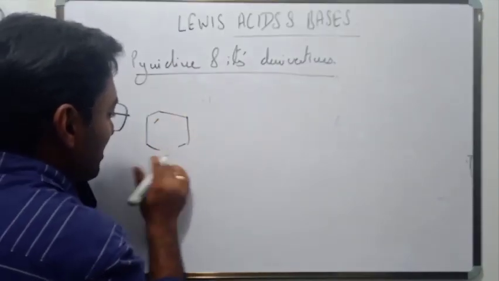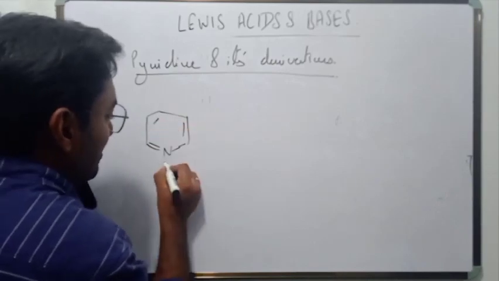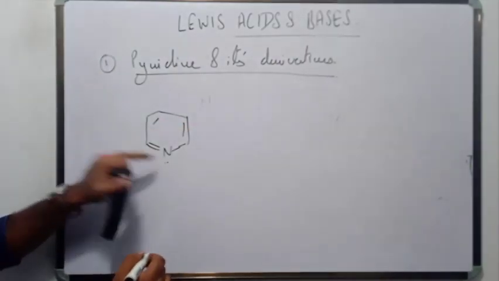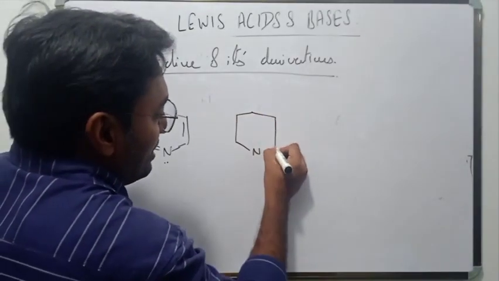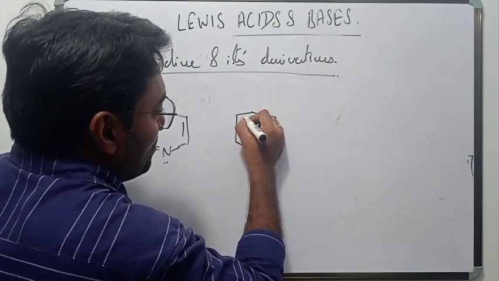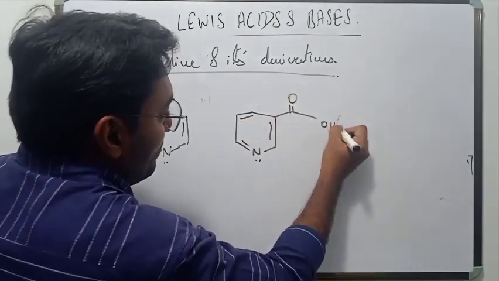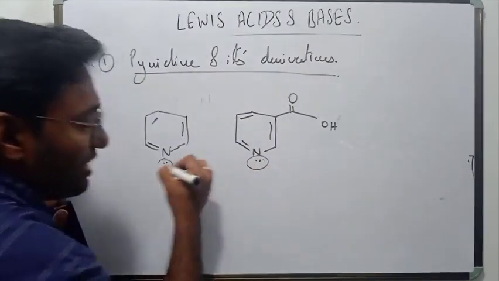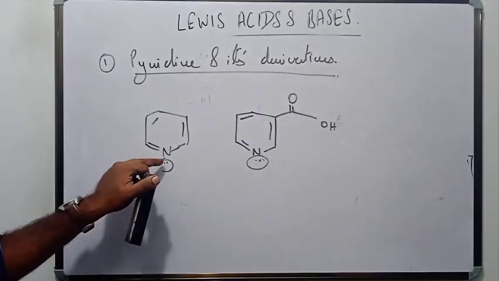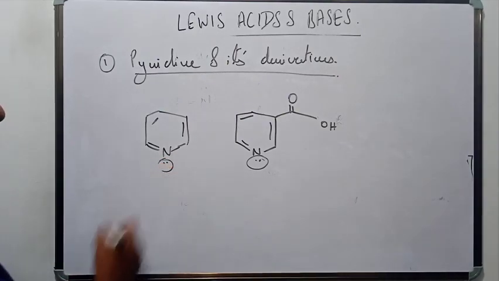Look at the lone pair of electrons on nitrogen. Let's draw nicotinic acid also. Look at the lone pair of electrons on nicotinic acid. Because it has a lone pair of electrons on the 2s2 orbital of nitrogen, it is able to donate its electron pair and therefore act as a Lewis base.